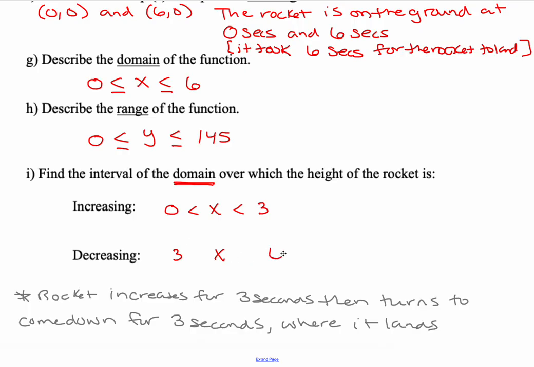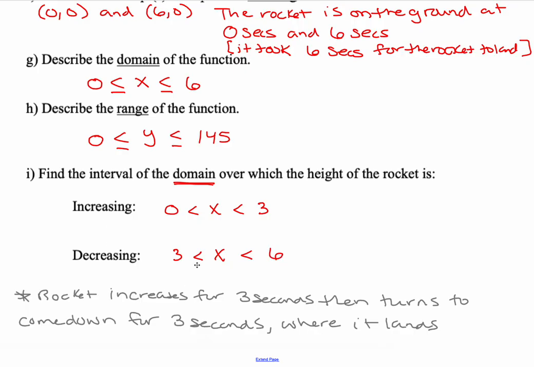So I'm going to put the 6 as my last number. So I know it's decreasing from 3 until 6. So 3 is less than x, which is less than 6. They are not equal to, because at those locations, at the turning point, it is not going up or down, it is turning at that location. And at 6, it has landed, so it's not increasing or decreasing.